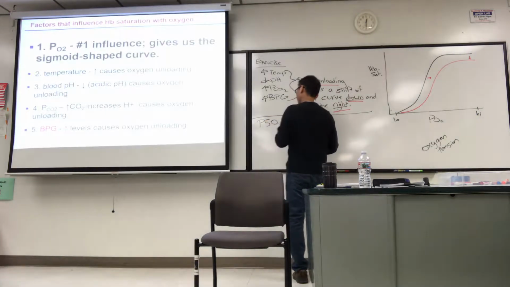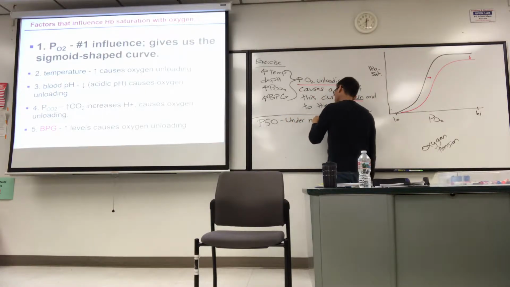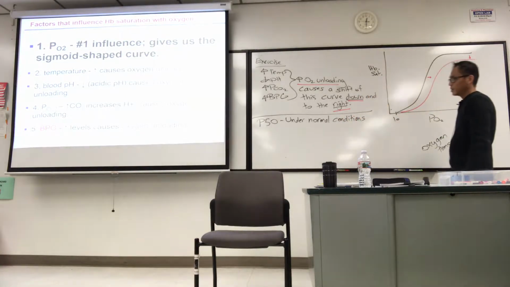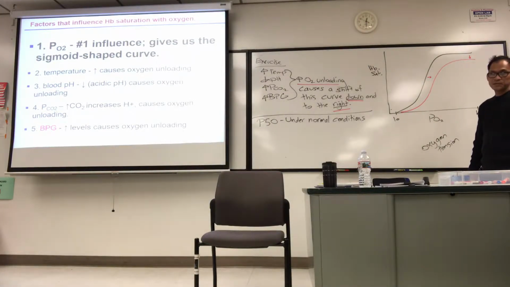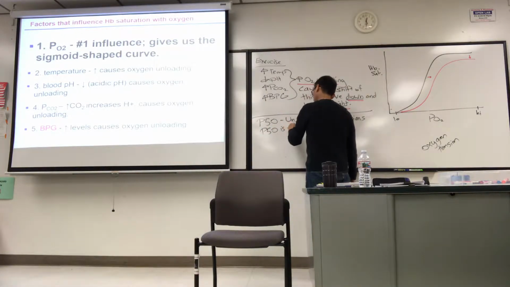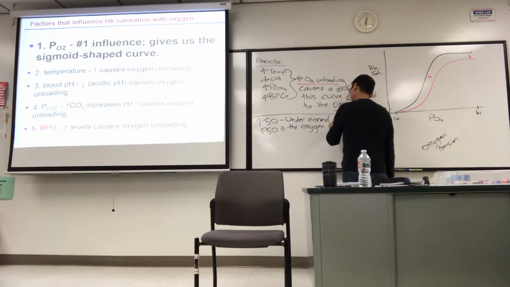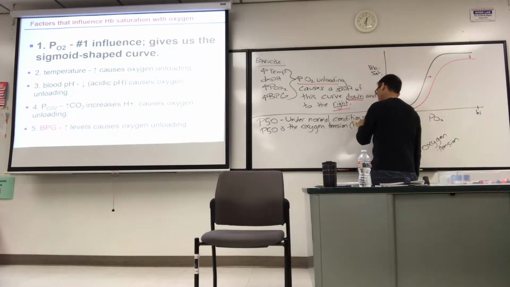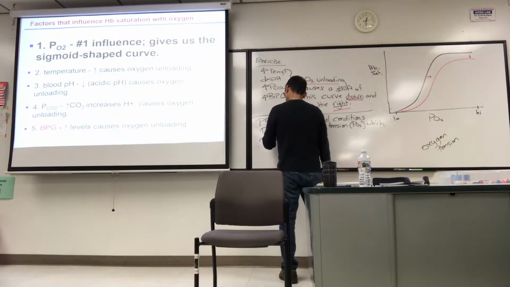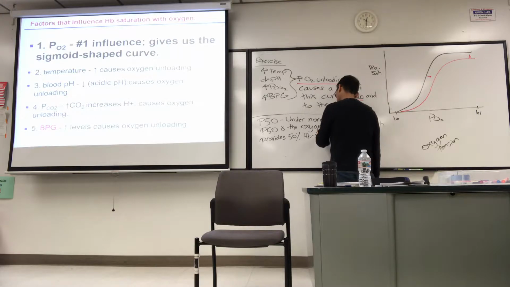P50, under normal conditions, not the shifted conditions, P50 is the oxygen tension, the PO2, which provides 50% hemoglobin saturation.